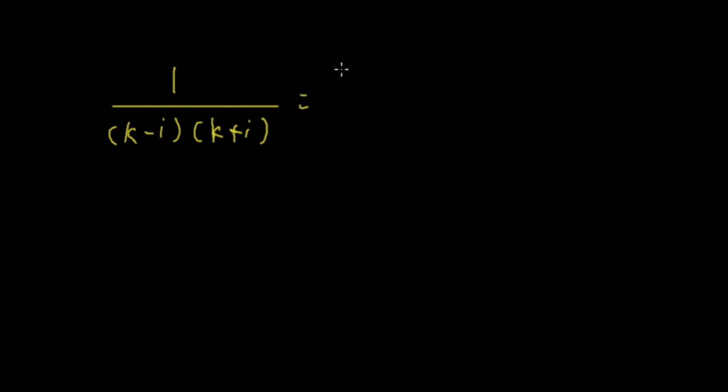And that's equal to, let's say, a over k minus i plus b over k plus i. Since all the k's here are to the power of 1, we can just do it like this. Now what do we do? We want to find the common denominator for both of these fractions, and then group them together, right?